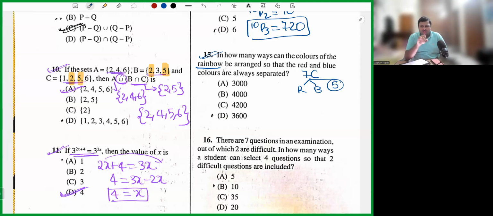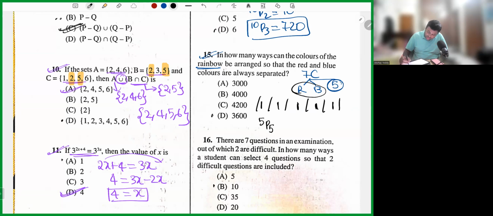You do one thing. First, arrange these 5 colors. 1, 2, 3, 4, 5. How will you arrange 5 colors in 5 places? 5P5. In between them, how many gaps are there? 1, 2, 3, 4, 5, 6. This red and blue, you arrange in these 6 gaps, 6P2.